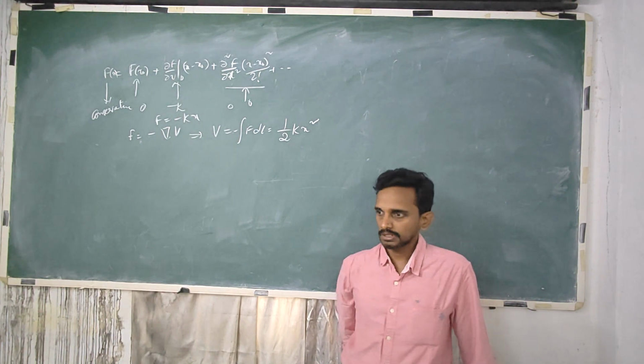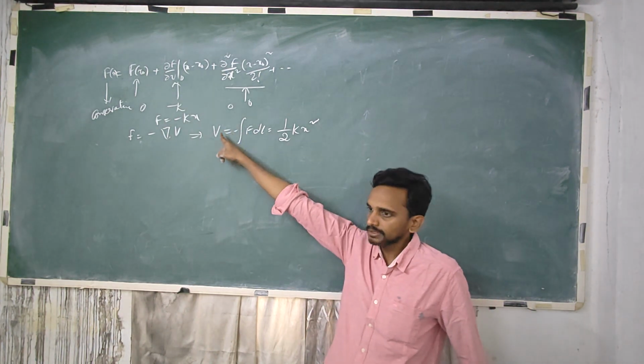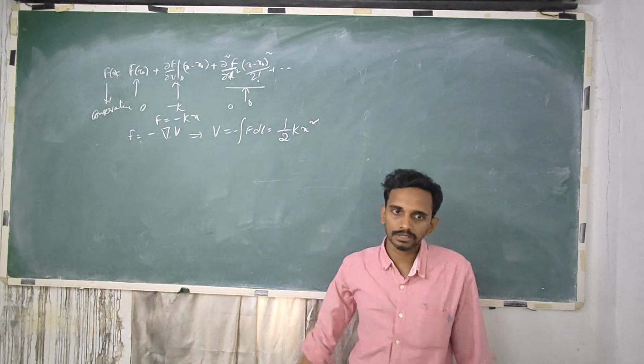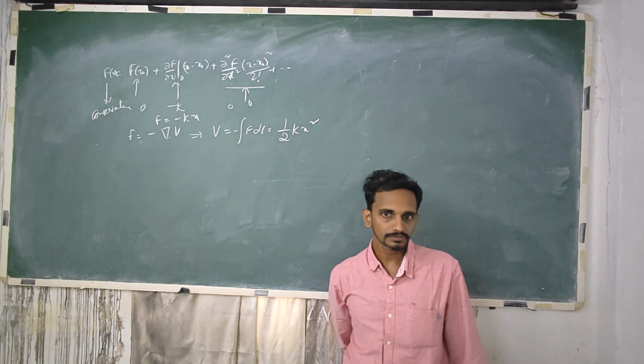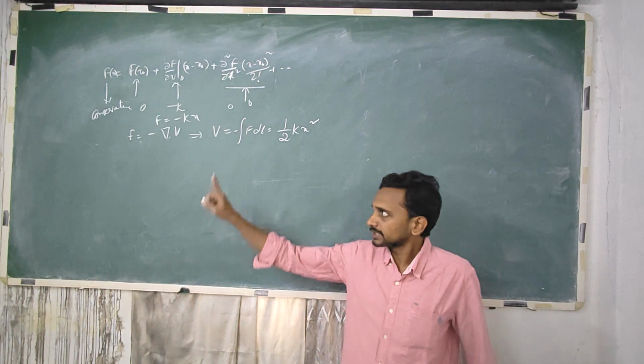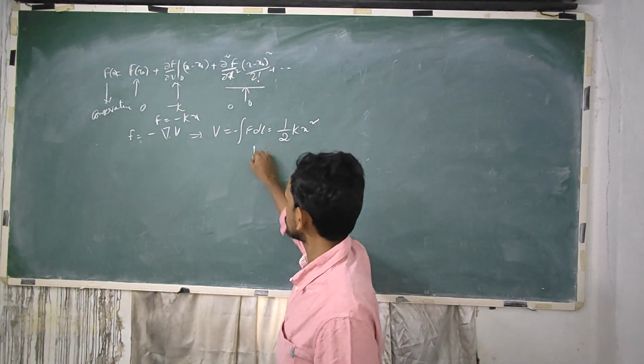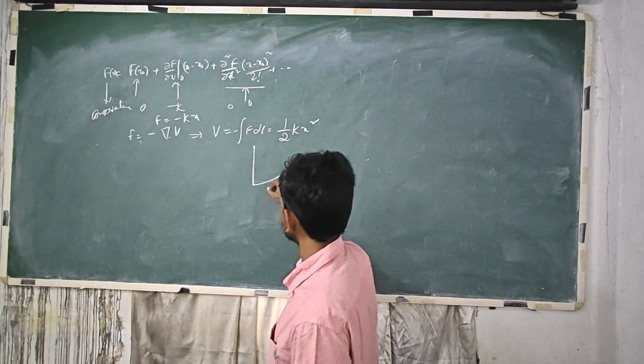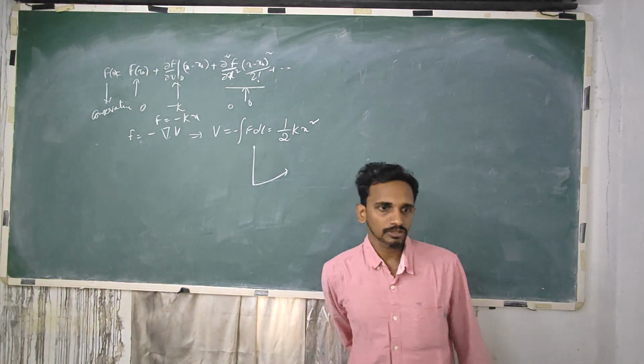The force is directly proportional to the displacement and oppositely directed to the displacement. So force increases as the displacement from mean position increases. If you pull it more and more, the restoring force will be more.